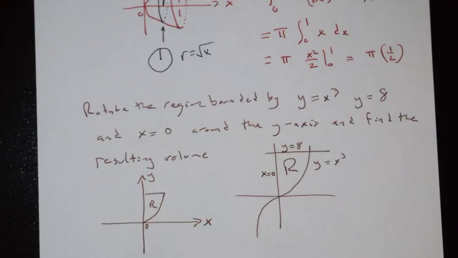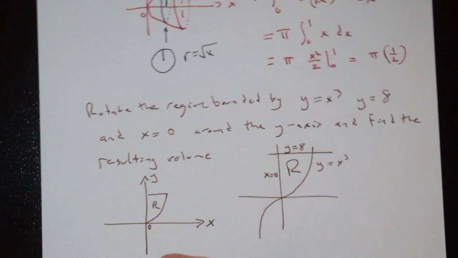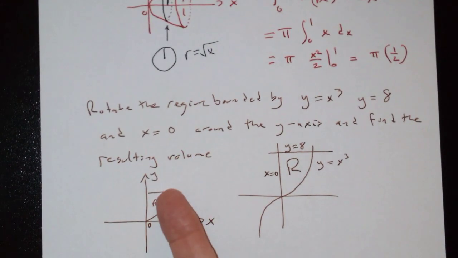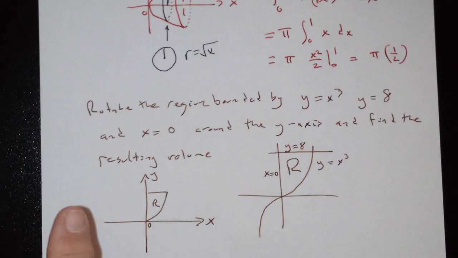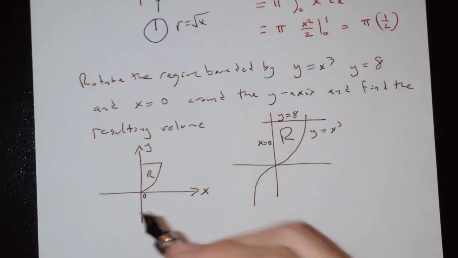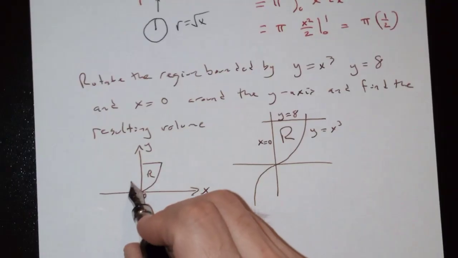So my direction has changed. I'm not rotating this way, I'm rotating this way around the y-axis. This is standing up, not laying down. That means instead of going around here, we go around here, which means I fold this over from right to left. It's going to spin around this way.